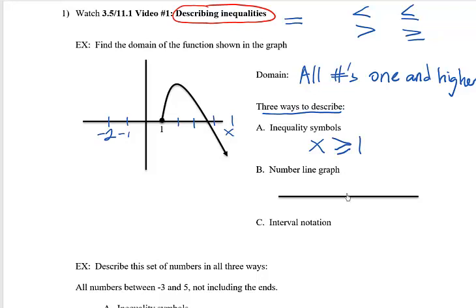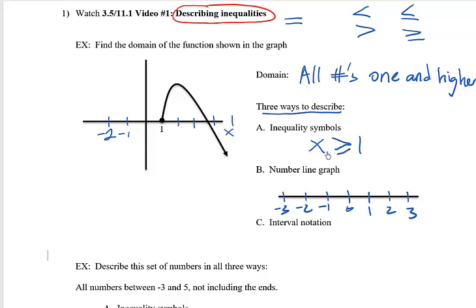A second way that you could write it would be to draw a picture. I'm not talking about an XY picture. I'm talking about a number line graph. So just a simple number line extending in both directions, because I'm just trying to draw a picture of the x's that ever go on this graph.